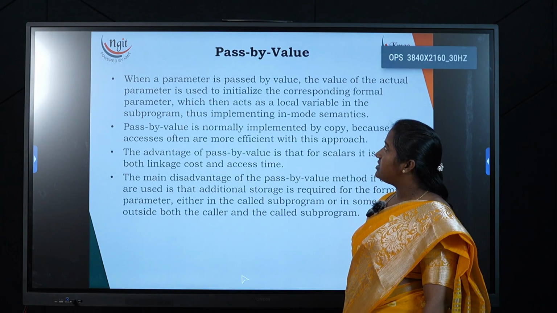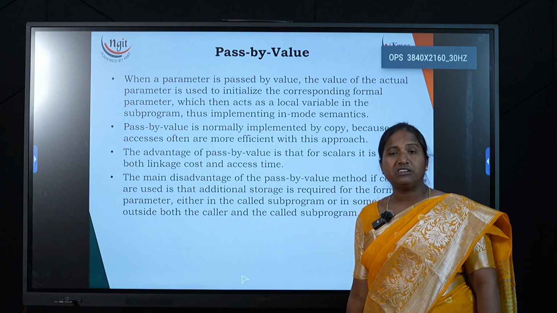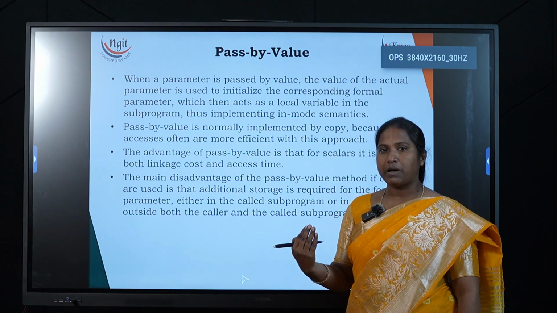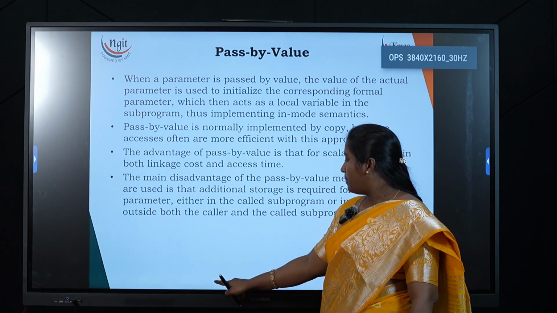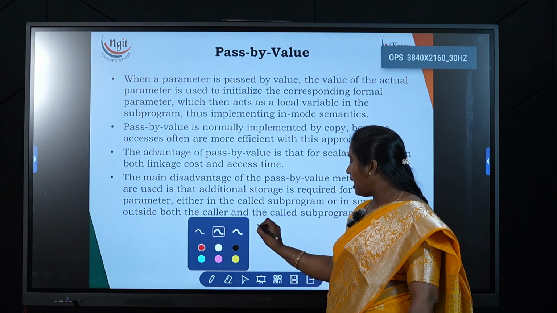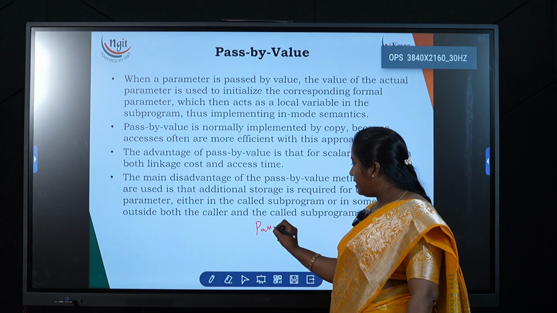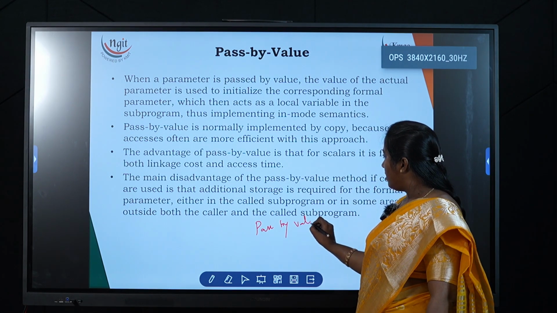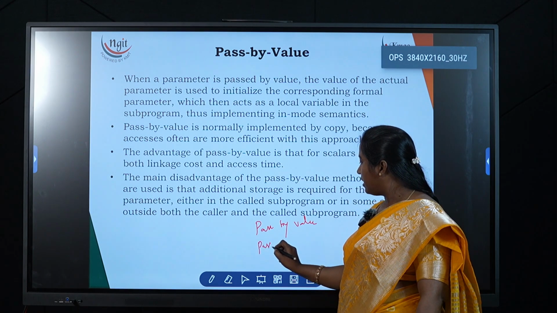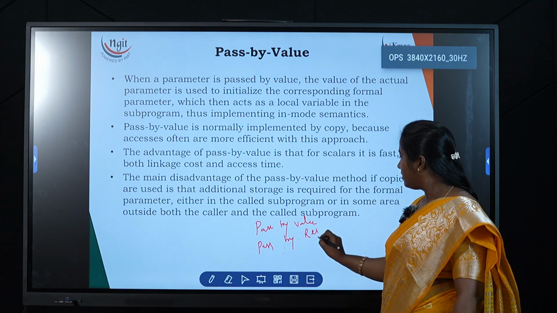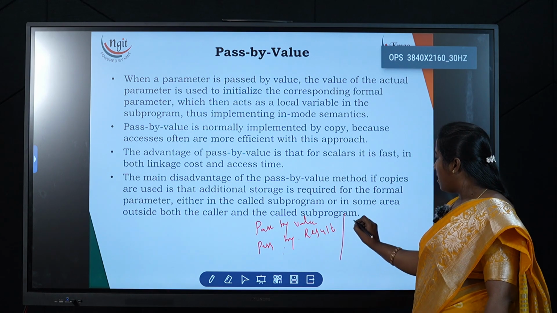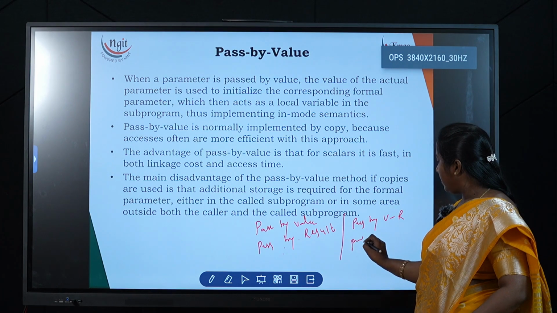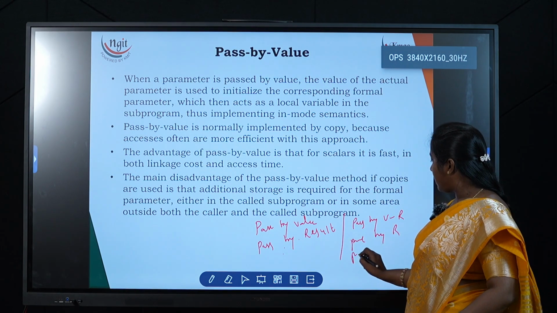Now let's see individually how these parameter passing methods work, and what those methods are. There are five categories: pass by value, pass by result, pass by value result, pass by reference, and pass by name.